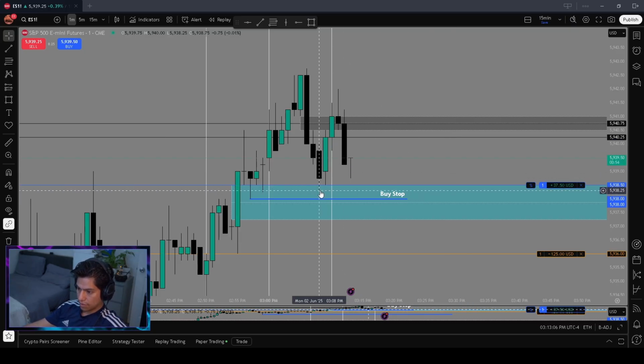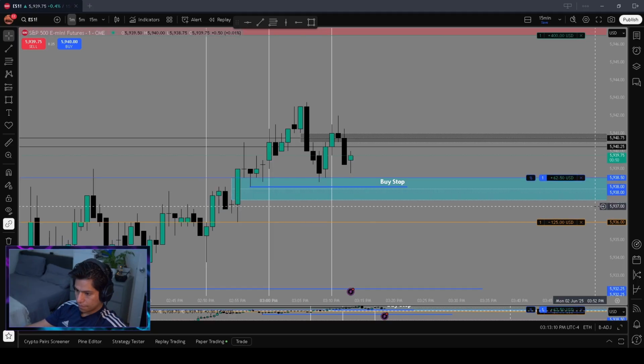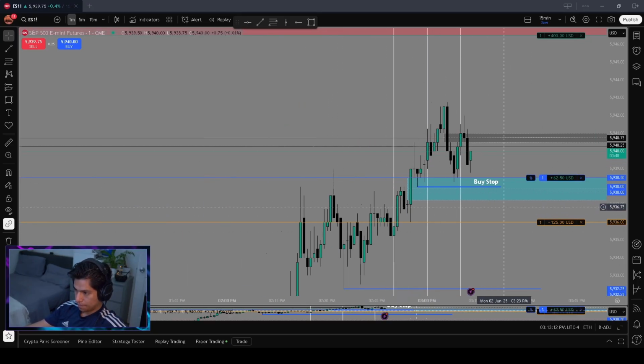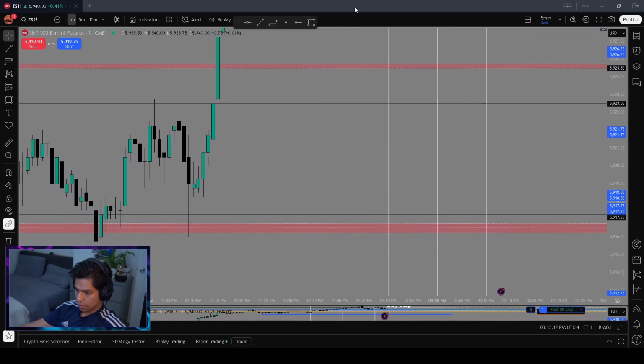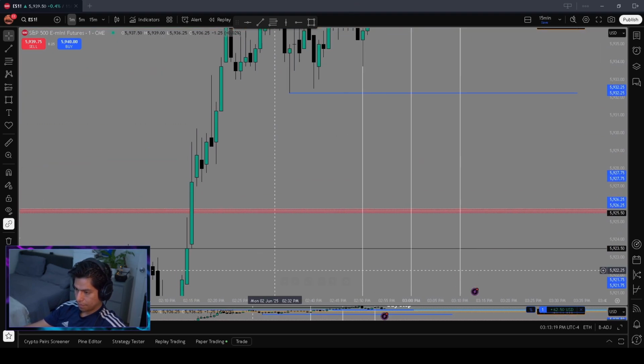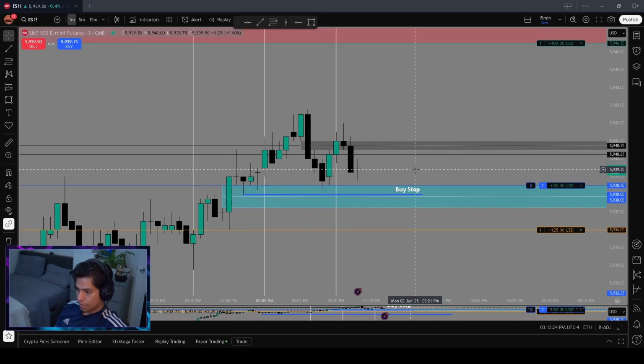We do have a relative equal low within, like, it's not necessarily a low all the way down here like these two, but it can still be used the same.